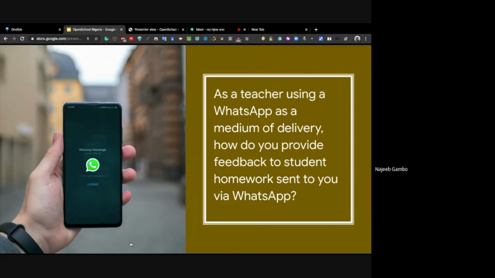So how many teachers would be able to go to www.whatsapp.com in their browser, then scan the code from the settings of WhatsApp so that they access their WhatsApp on the desktop computer? Then go to the student where he sent, probably he writes the answer. When he writes the answer, then his father or his mother uses the smartphone to capture the exercise as a camera image, then he sends it to the teacher.